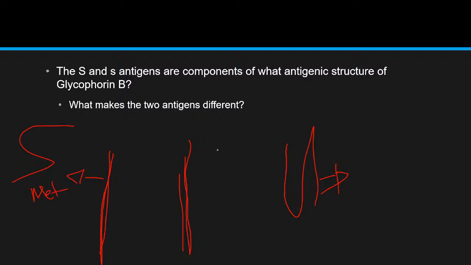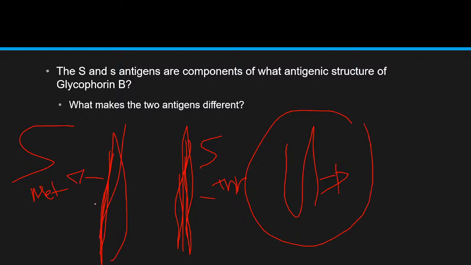The small s has threonine at that portion. Both of them are made up of the stalk of U, but what makes them different is the residues: methionine for big S, threonine for small s.